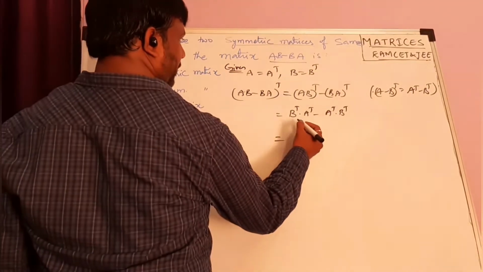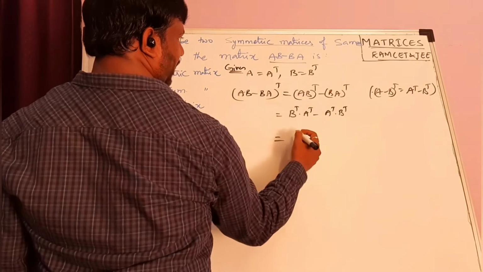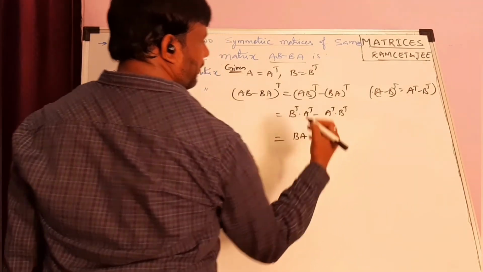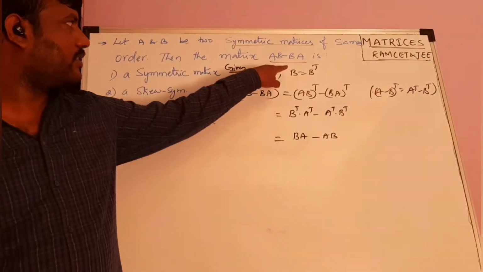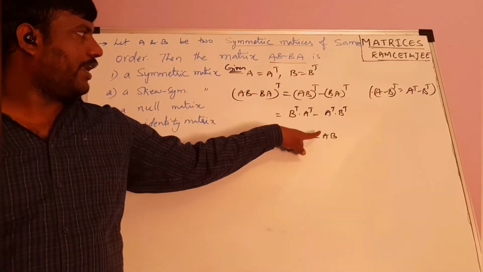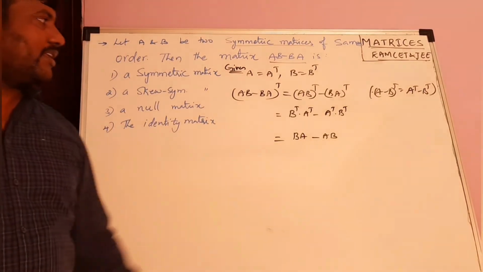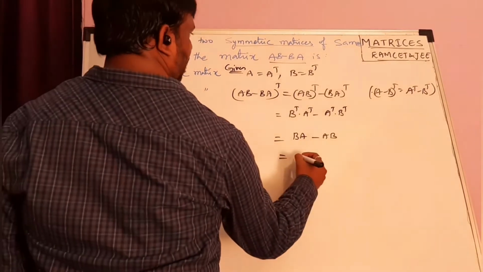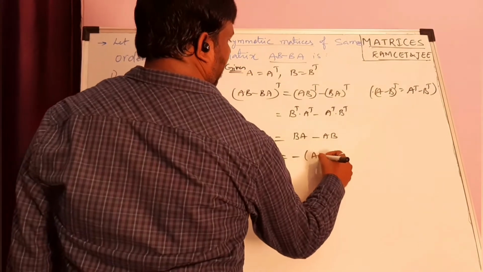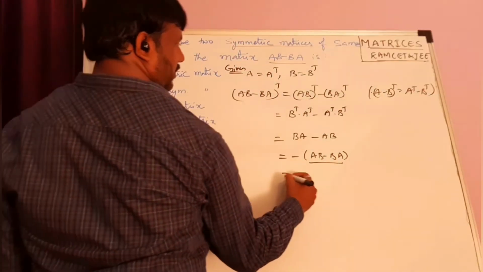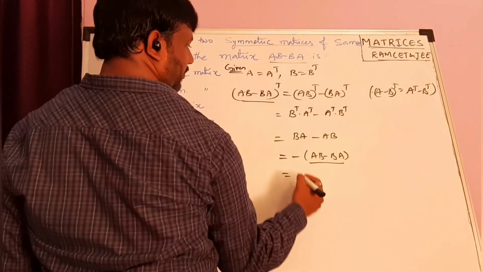Here B transpose is nothing but B, A transpose is nothing but A. So I can write BA minus AB. If you take minus common in this, you get minus of AB minus BA.